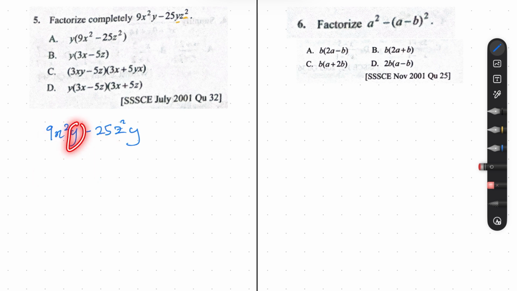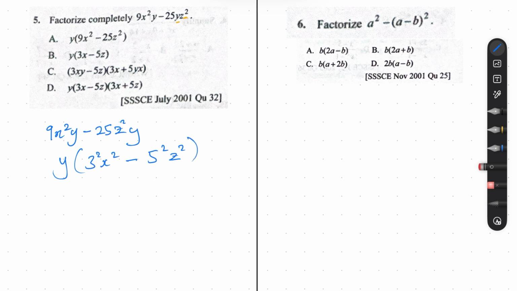And then the y is a common term, so we can just factor that out of the bracket. So we have y outside the bracket, and we have 3 squared x squared minus 5 squared z squared, bracket close.